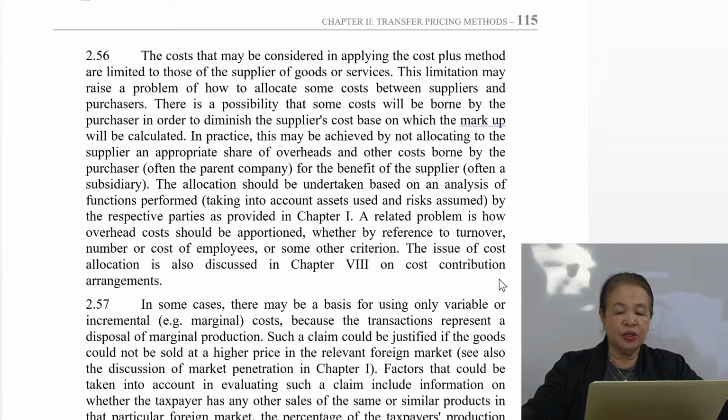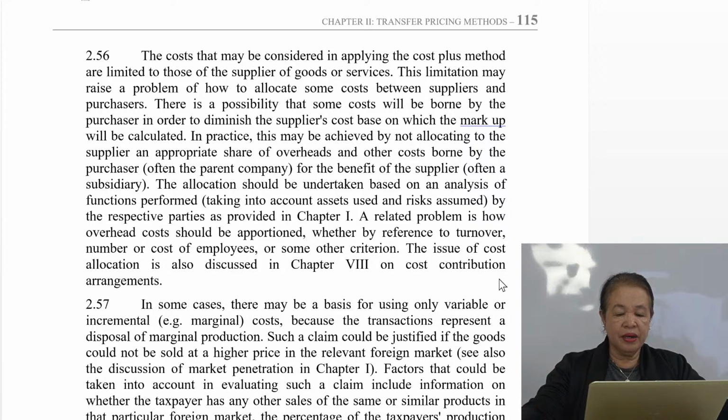So the allocation should be undertaken based on an analysis of functions performed, taking into account assets used and risk assumed by the respective parties as provided in Chapter 1. A related problem is how overhead cost should be apportioned, yung overhead.